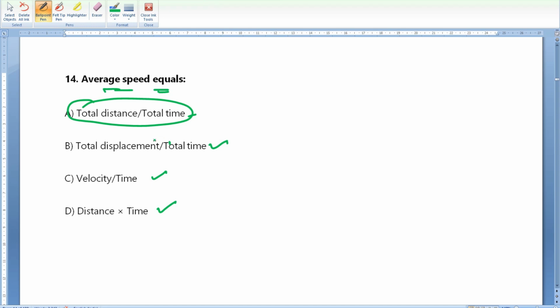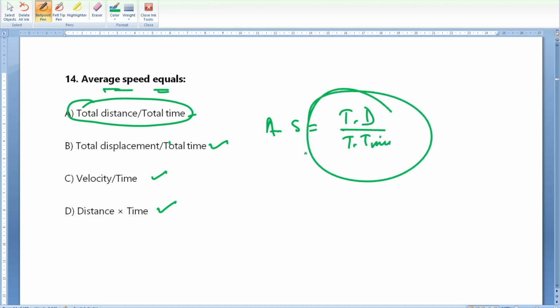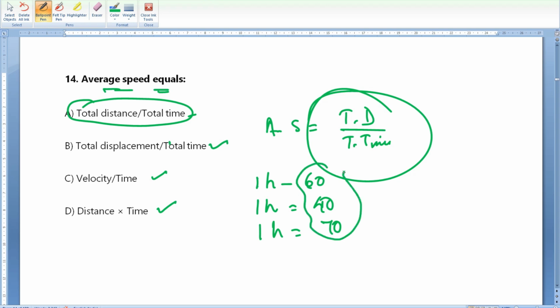For example, a car travels 60 km in the first hour, 40 km in the next hour, and 70 km in the next hour. Then total distance traveled is 60 plus 40 plus 70, which is 170 km, in 3 hours. 170 divided by 3 is the average speed.